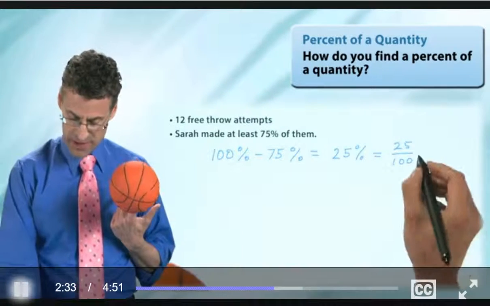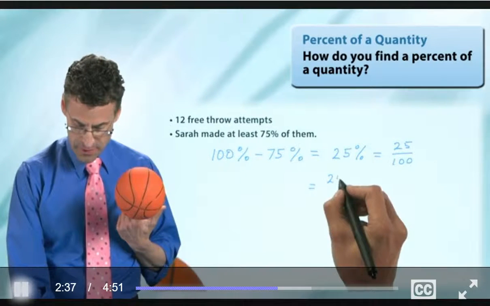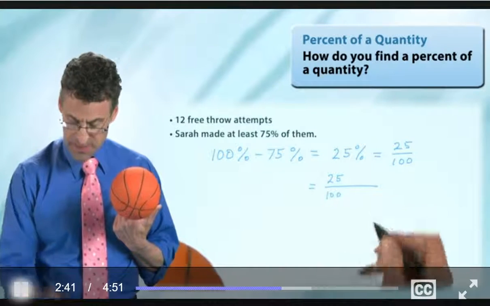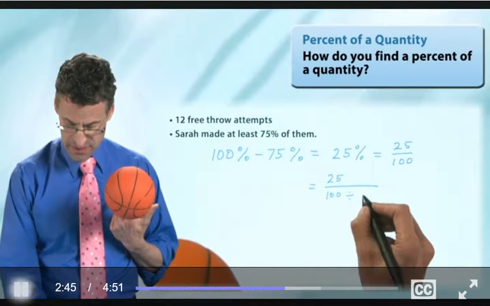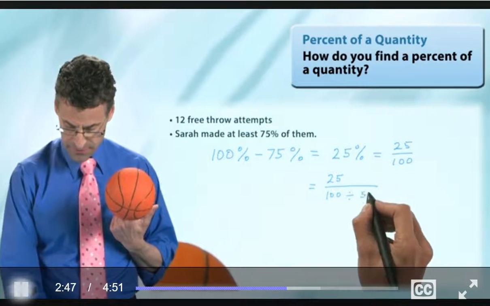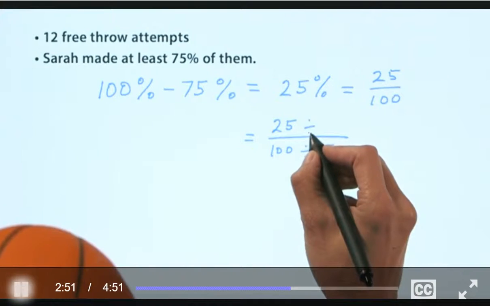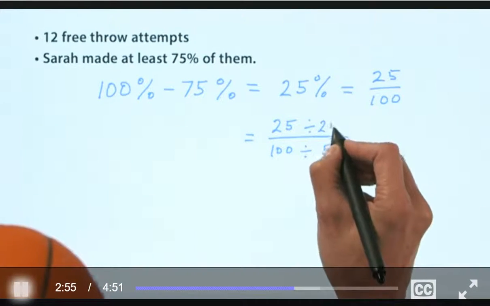And notice that we could simplify it by writing it as an equivalent ratio. And I can do that by either multiplying or dividing both the top and the bottom by the same number. In this case, I'm going to elect the number 5. In fact, I'm going to elect 25.